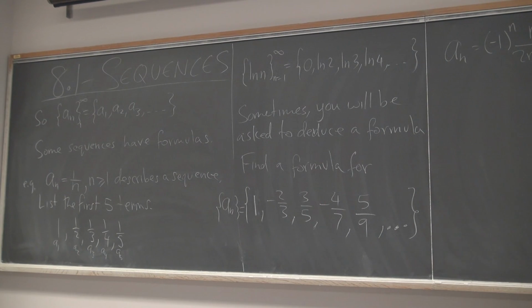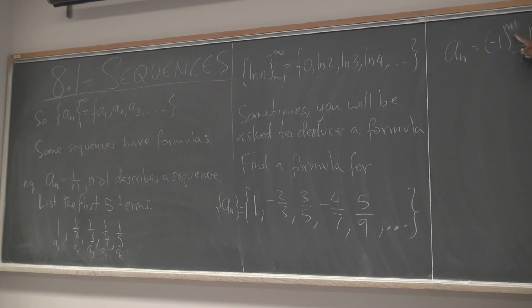So if I plug in 1, what's going to happen here? I'm going to get a minus 1 if I plug in 1 first. So how do I fix that? I can just make this n plus 1, and then that fixes everything. Plugging in n equals 1, I get minus 1 squared, which gives me a positive, and 1 over 1, which gives me the first term.